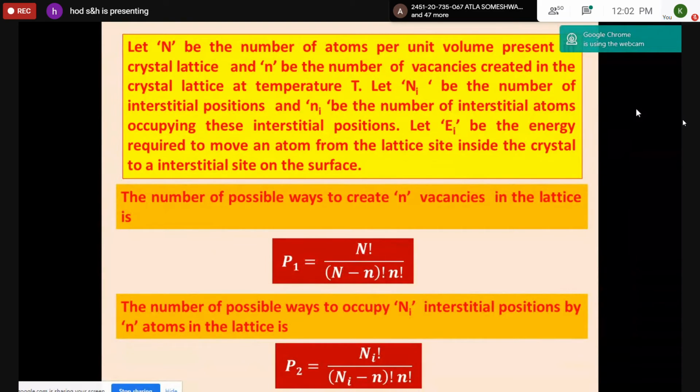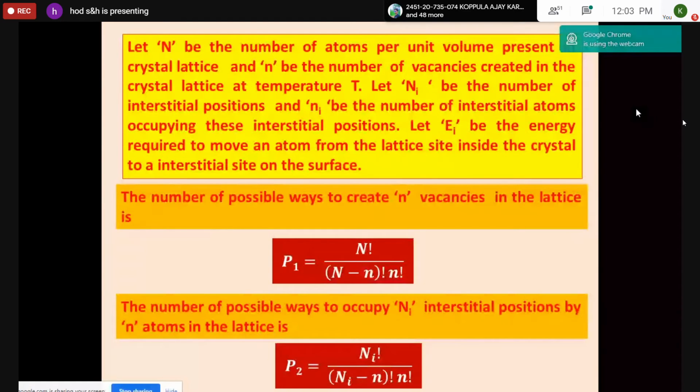So capital N is the total number of ions per unit volume, and small n is the number of vacancies created at any temperature T, because by thermal energy these n vacancies are created. n ions vacate their positions, and Ni is the number of interstitial positions. Among these there are Ni irregular interstitial sites, with n interstitial ions occupying these interstitial positions.